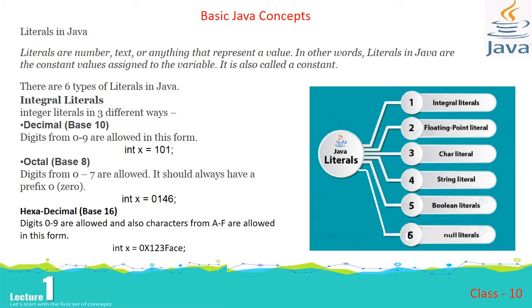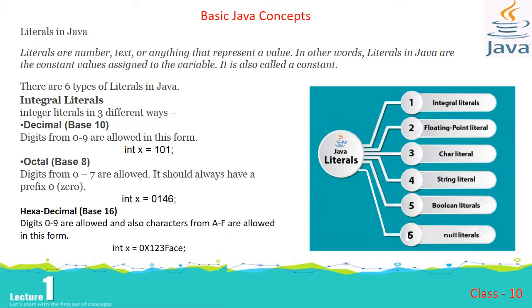it is an integer literal. But if I write int x equals to 0 with some number in the range 0 to 7, then that number is a number in octal. That is, to represent an octal number, it should be preceded by a 0.